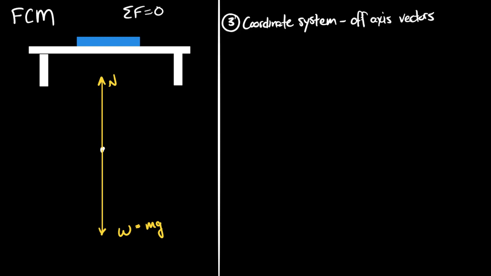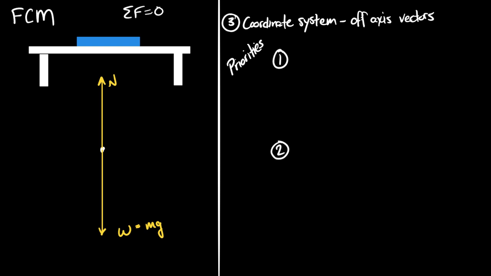Now, applying a coordinate system has two priorities. Which means you apply priority 1 first. If priority 1 isn't necessary, then you apply priority 2.